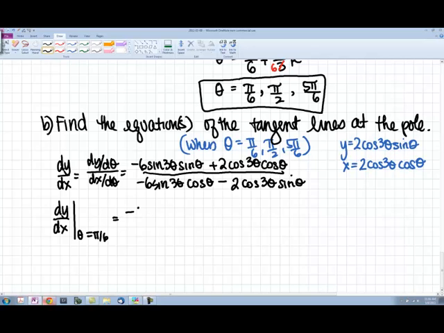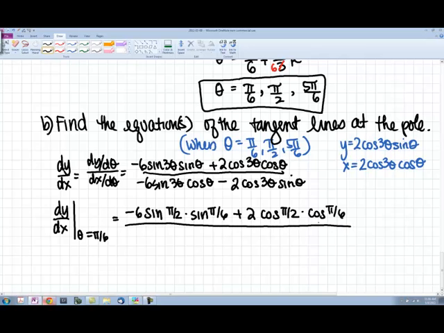We're going to have negative 6 times sine 3 pi over 6 times sine pi over 6 plus 2 cosine 3 pi over 6 times cosine pi over 6, all over. So if you notice, I'm just plugging them in.